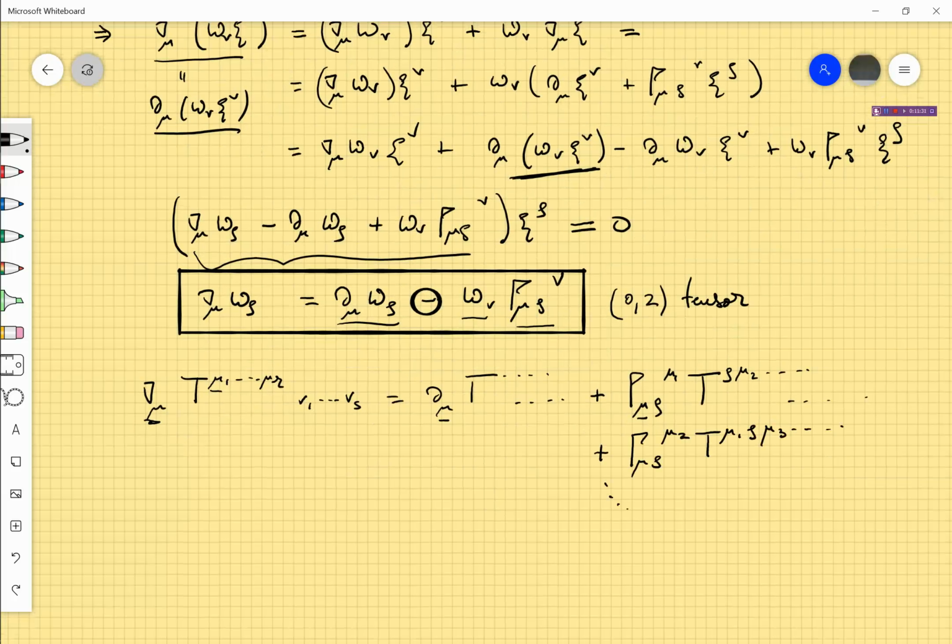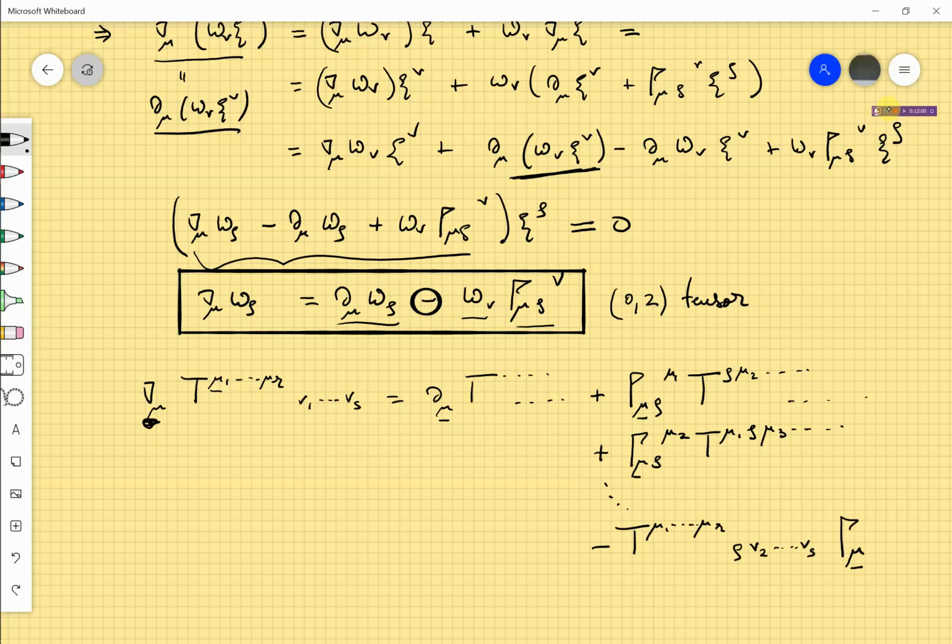And so on. Then you get minus, let me put it in this order. This is going to be now the mute index. This index we are going to sum over. So we have mu s, and then gamma. Always the first index of gamma will be the one of the derivative here.